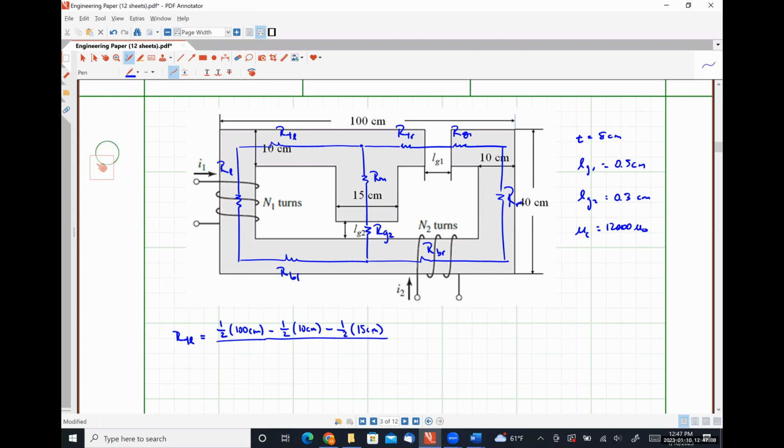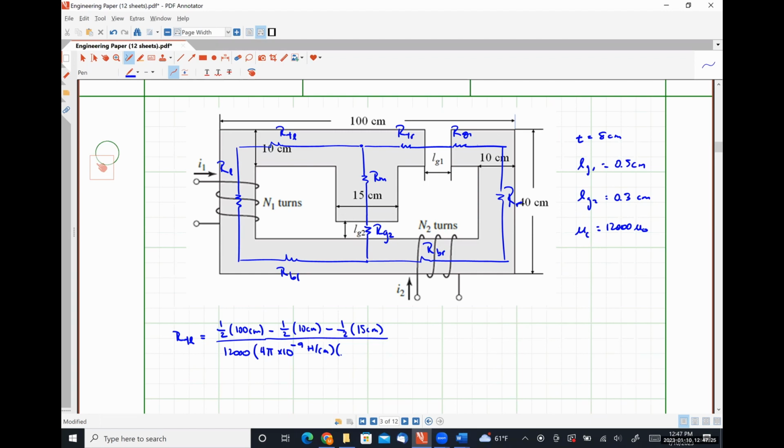Then I'm going to have 12,000 times 4 pi times 10 to the minus 9 henries per centimeter. And then I have my area.